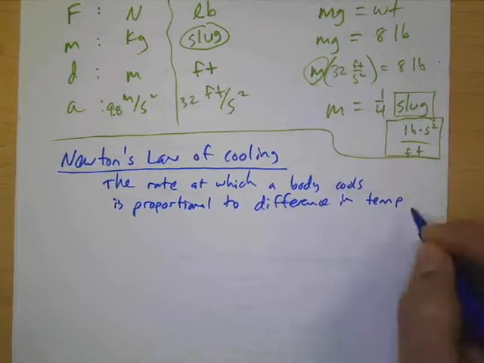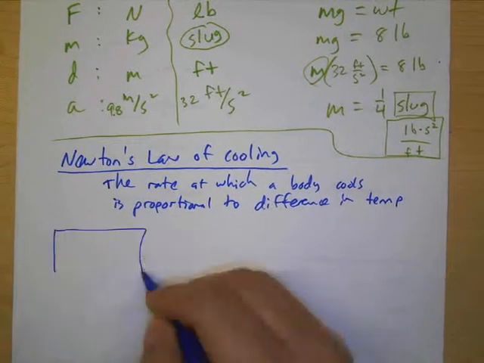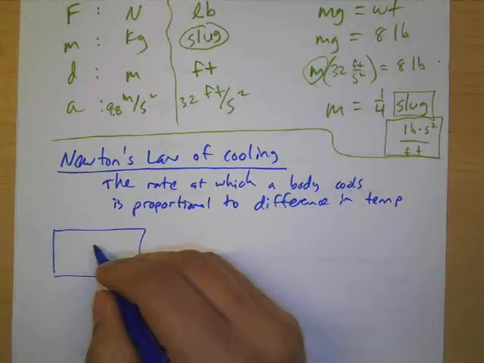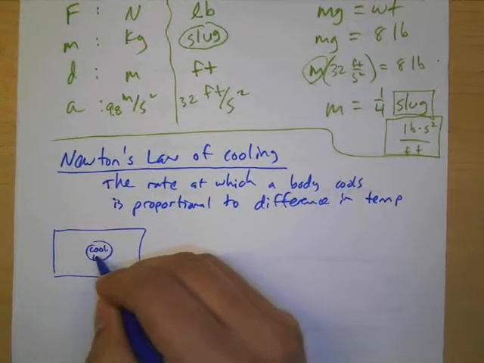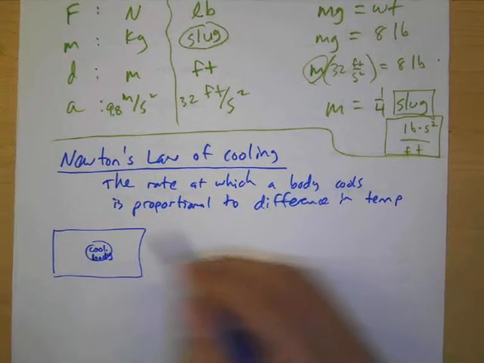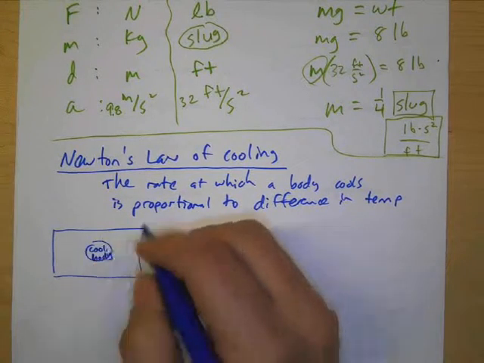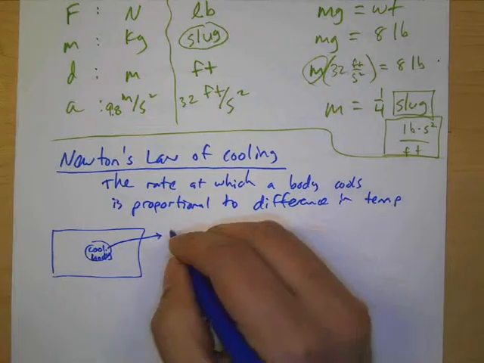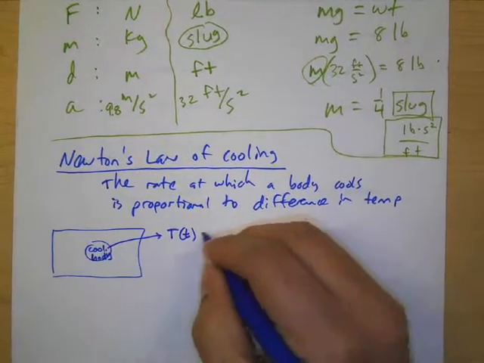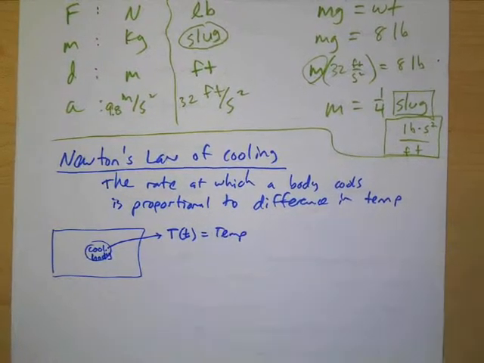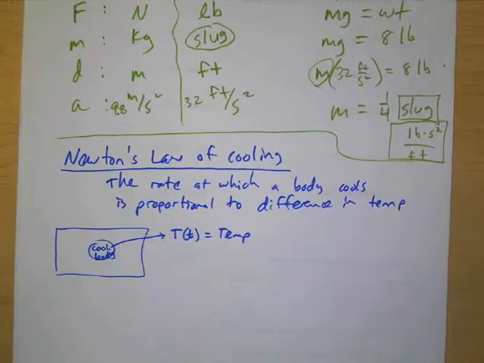And if you're wondering what temperatures, let's say here we have some sort of cooling body, or cool body, since I ran out of space. And we can say that the temperature at time t models the cooling body's temperature.